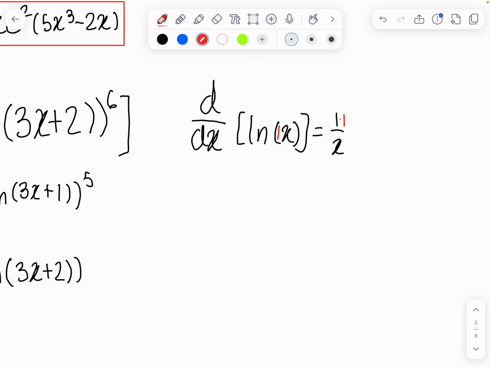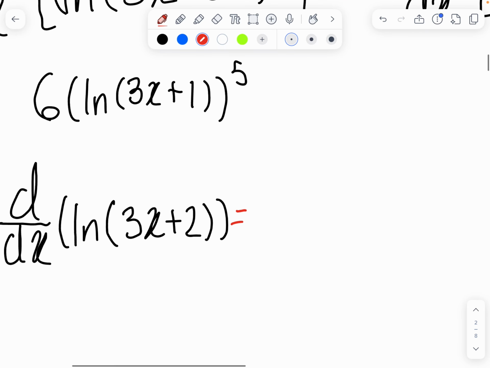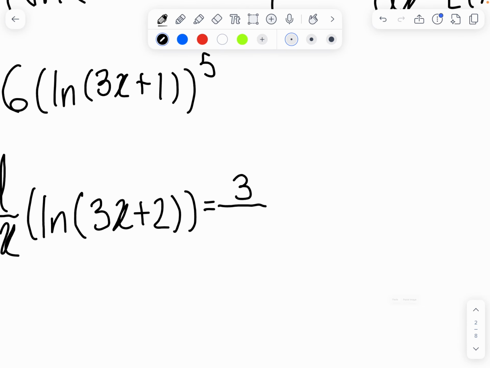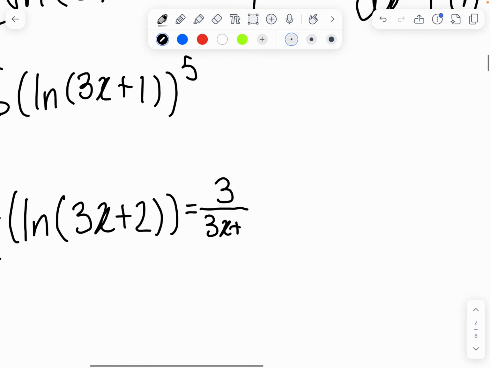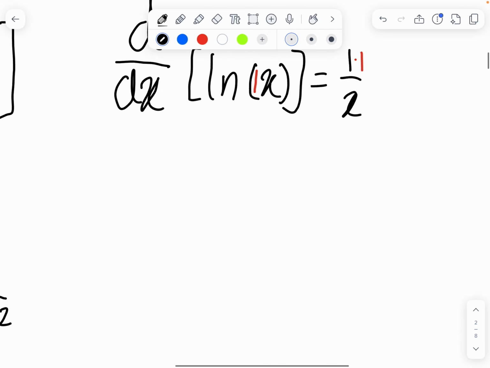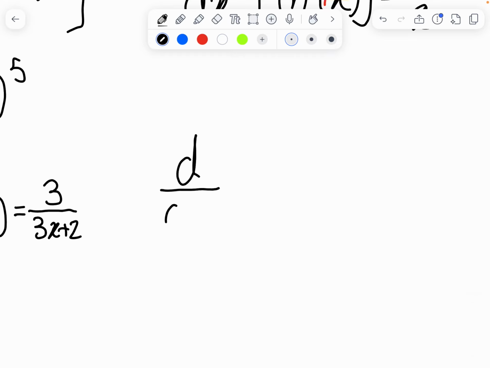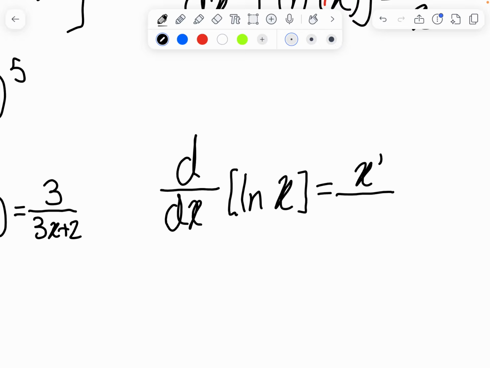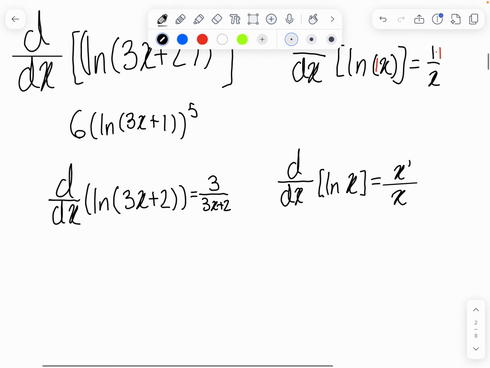But for us, the derivative would equal 3 over 3x plus 2. I guess a better formula for the derivative of a natural log would be d/dx of the natural log of x, which would equal the derivative of x over x. Yeah, so that is the derivative of the inside.